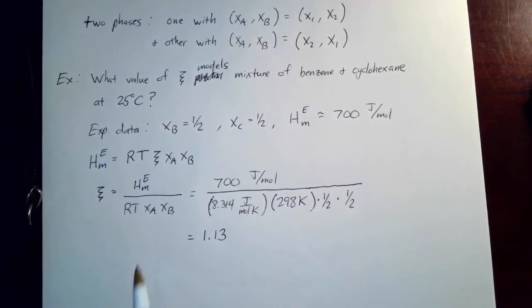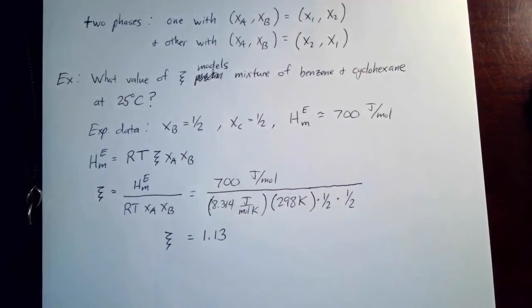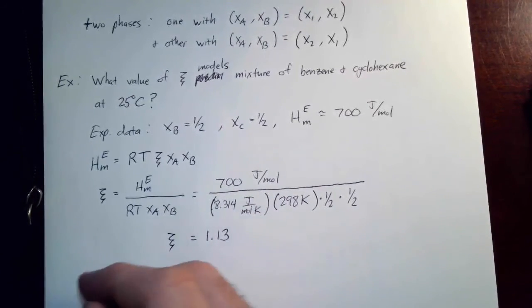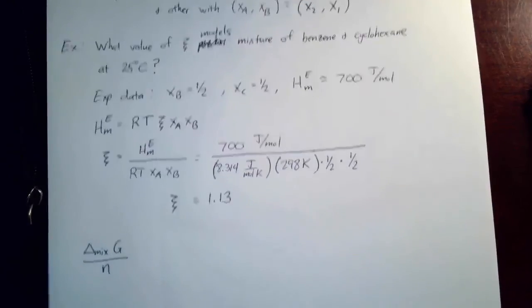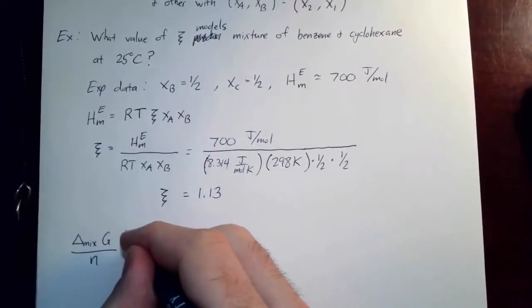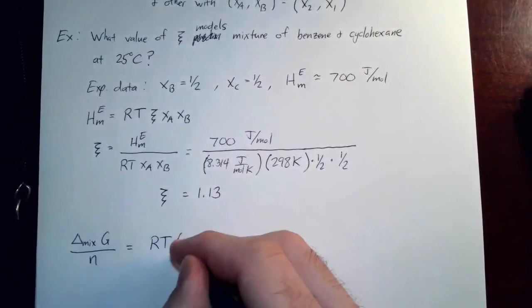So based on this experimental data, we could model this non-ideal solution using this dimensionless parameter for C. Now, while we're at it, let's go ahead and calculate the Gibbs energy of mixing. And we'll do the molar version per mole. So that's equal to, the factor of n cancels.